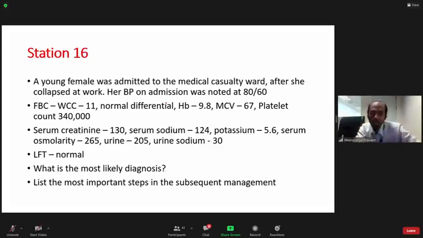Okay, so there's something like iron deficiency, probably hemoglobin low, MCV low, something going on, but that's not what the focus is. The focus is this hyponatremia.